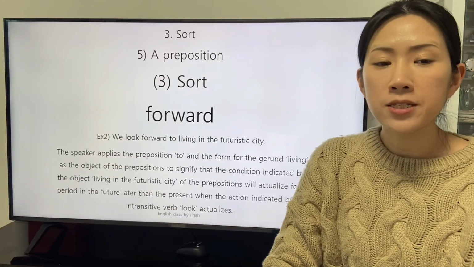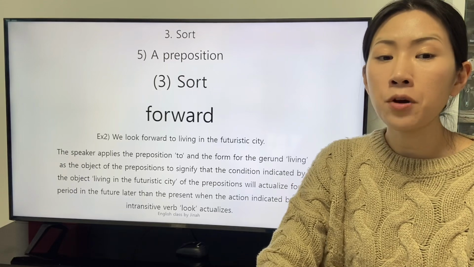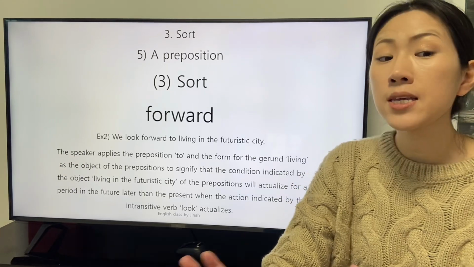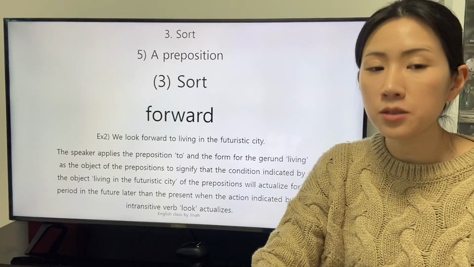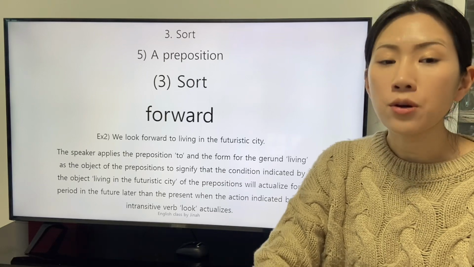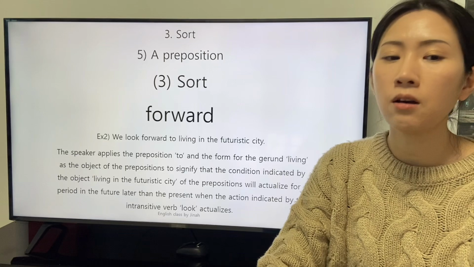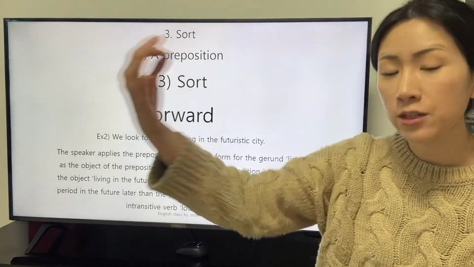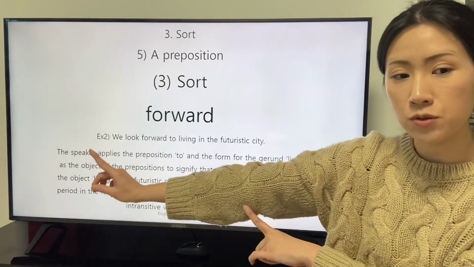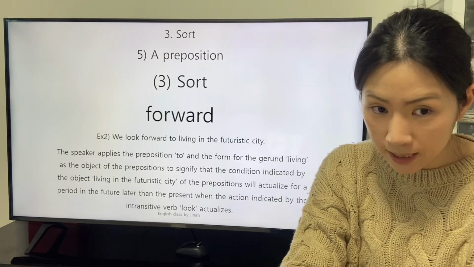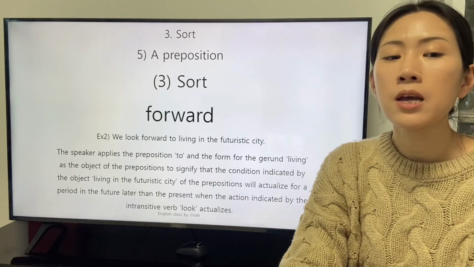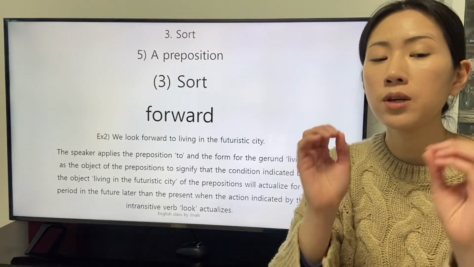The speaker applies the preposition to and the form of the gerund living as the object of the prepositions to signify that the condition indicated by the object living in the futuristic city of the prepositions will actualize for a period in the future later than the present, when the action indicated by the intransitive verb look actualizes.